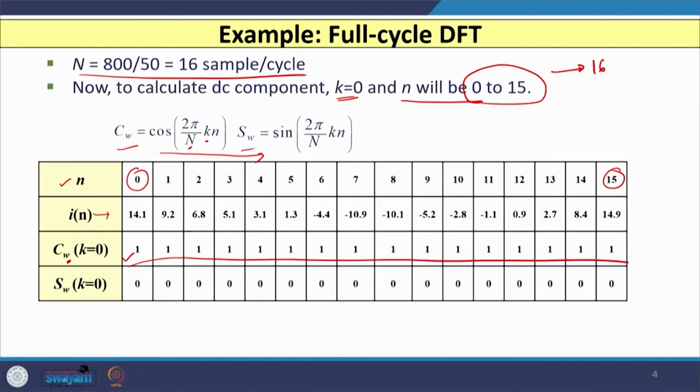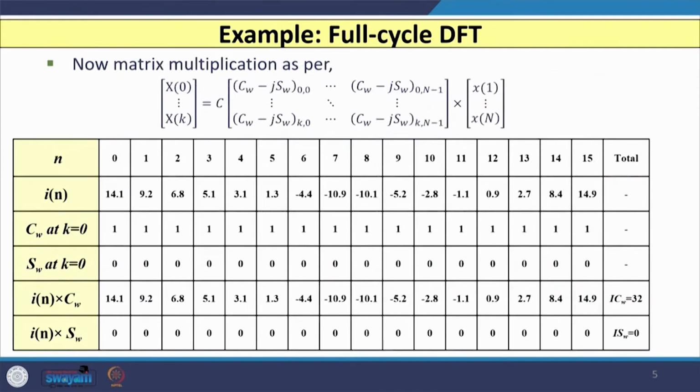Similarly for SW, if you put capital N as 16, k as 0 and n varying from 0 to 15, SW comes out to be 0. So CW comes out to be 1 and SW comes out to be 0. Now you can easily calculate by multiplying the weight matrix with the sampled value matrix.